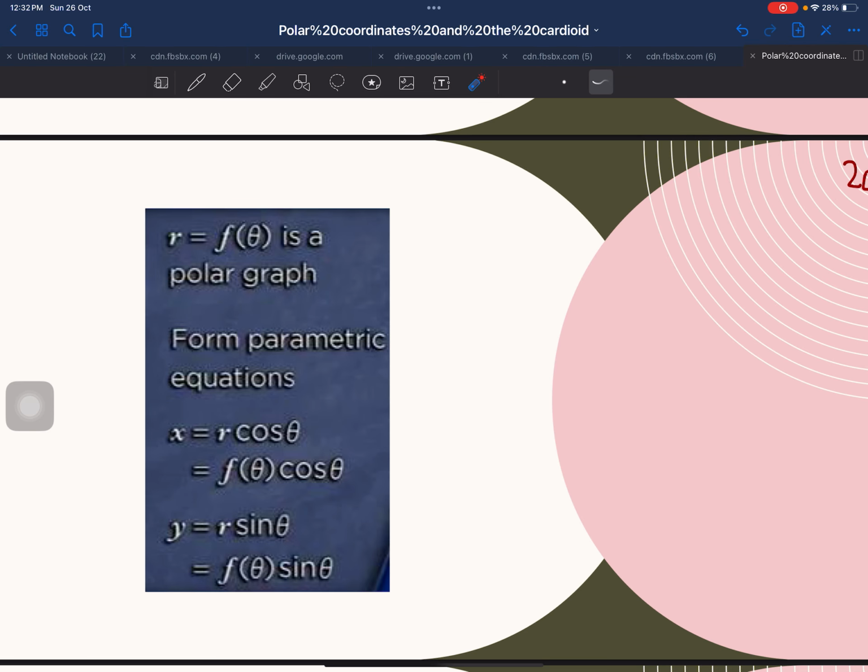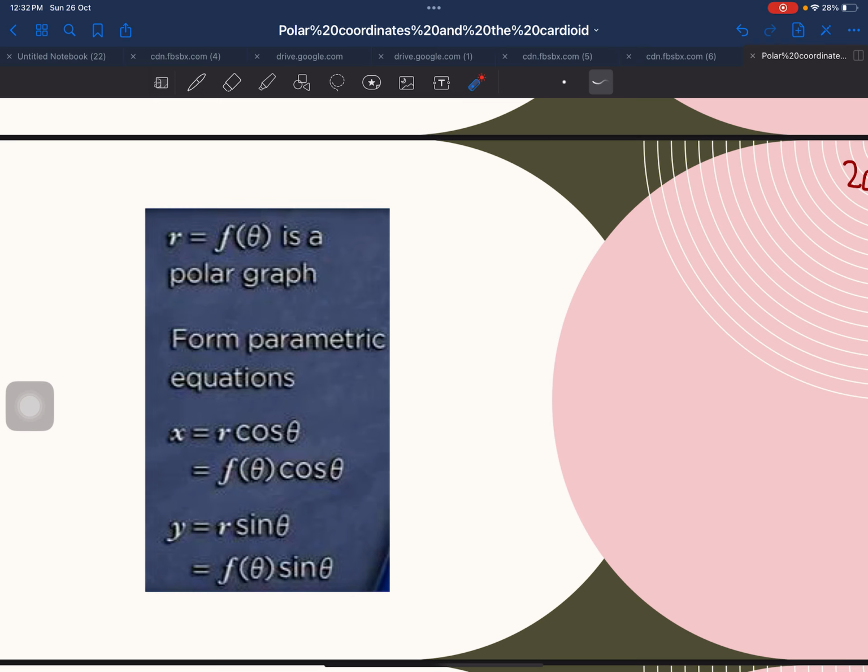So remember, x is r cosine theta by the conversion formula, and y is equal to r sine theta. So x is f of theta cosine theta, and y is f of theta sine theta.